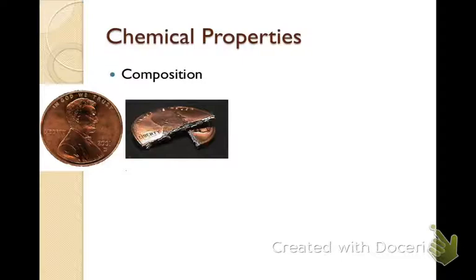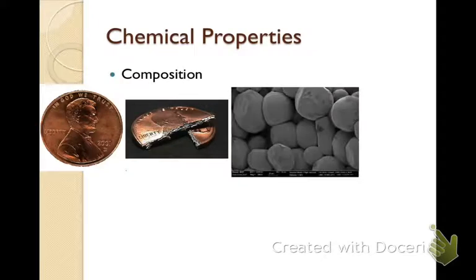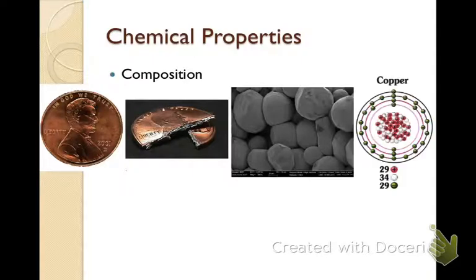But let's take a look at the copper itself. So the composition of copper, if we take a look through a scanning electron microscope, something that we definitely don't have in lab right now, we can actually see that each of those spheres are copper atoms. We have to scan in really far. If we were able to scan it even further, we can actually see a picture of what the atom is made of.